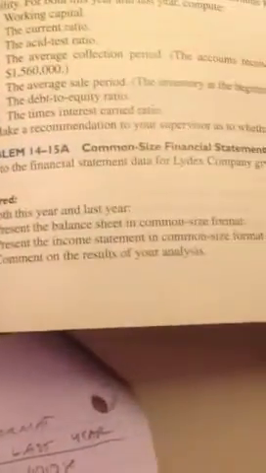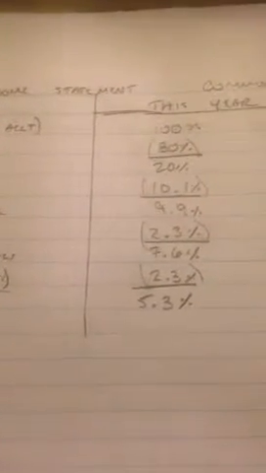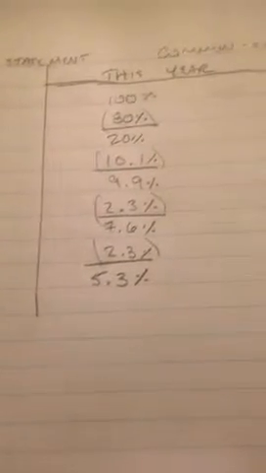And this was number 2, the income statement in common size format, down to the net income. A note is that managers and investors look for the gross margin percentage to measure profitability. For example, on page 650, where it talked about McDonald's versus Wendy's, it is mainly used to compare the two companies.